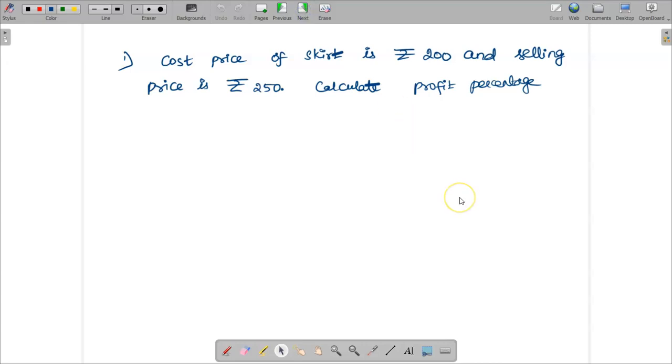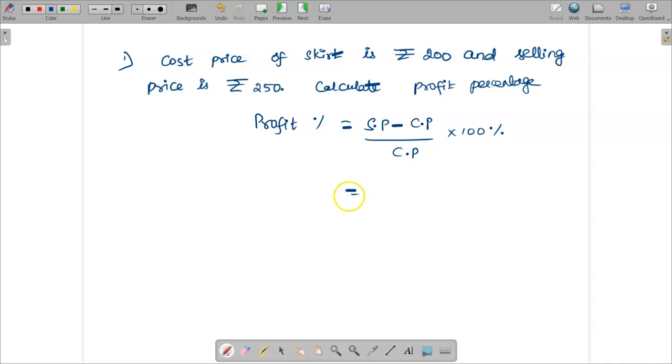So the first problem: the cost price of a skirt is rupees 200 and the selling price is rupees 250. Calculate the profit percentage. So the profit percentage is given by the formula selling price minus cost price divided by cost price into 100 percentage, right?